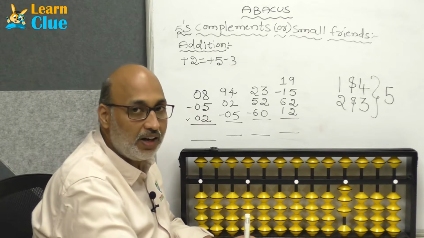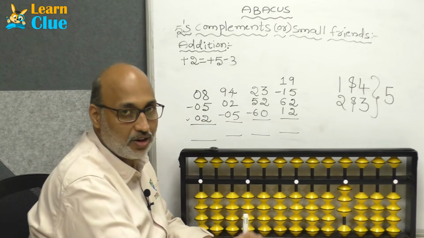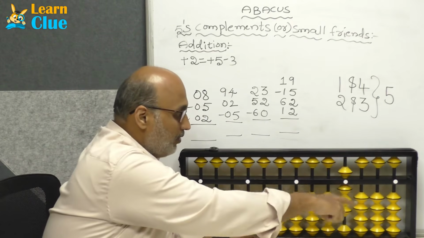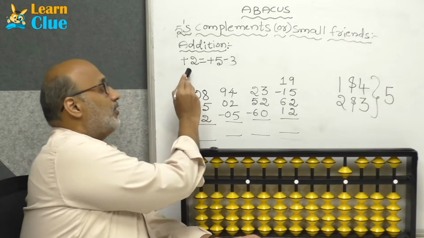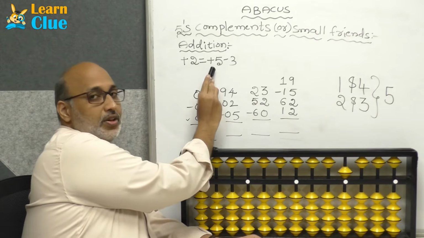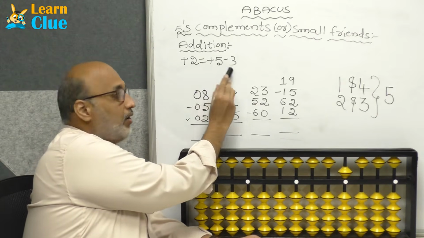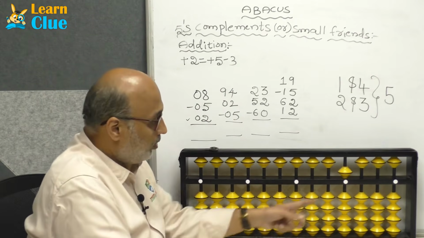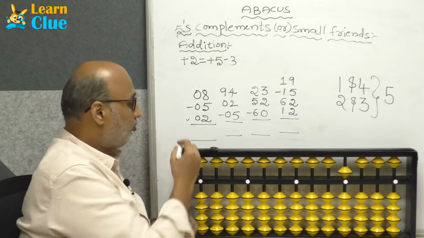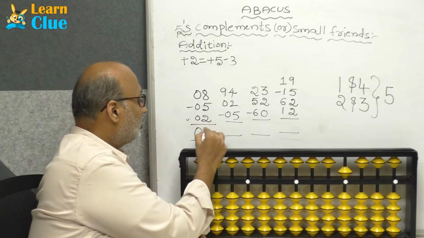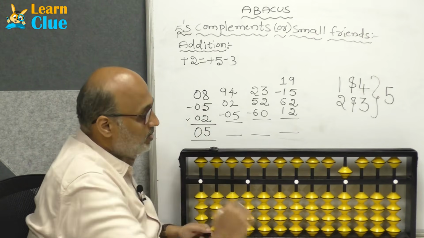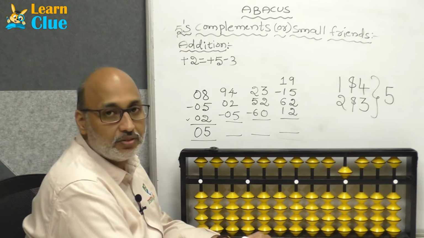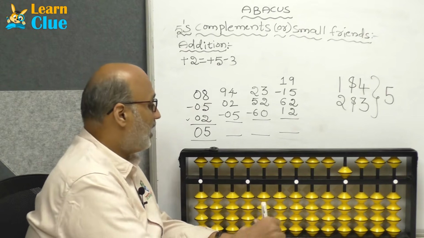Who is the common friend here? 5 is the common friend. So plus 5 minus 3. For addition of 2, first we have to do plus 5 and next minus 3. Now tell me what is the answer? Come on. Answer is 5. Okay, we'll see the next problem.